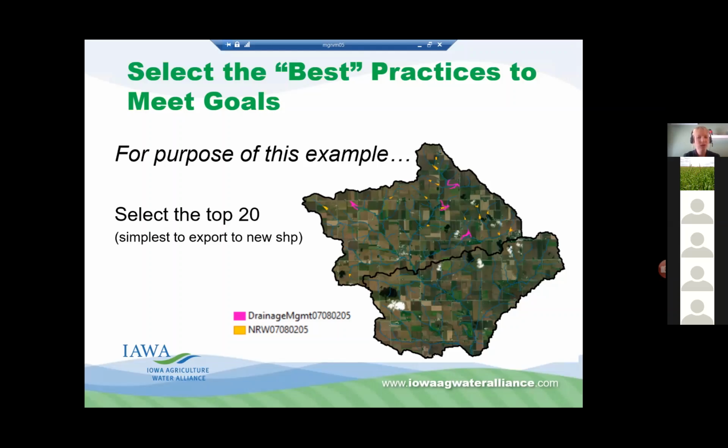These could be the top 20 practices that you look for field verification, or the top 20 practices where you get on the phone and call a landowner to see if they're interested in implementing a practice. But these were the best practices identified for reducing nitrogen downstream. It also provides information not only about the benefits of those practices, but about what types of practices they are as well. So here we have a few drainage water management practices identified as the best for reducing total nitrogen downstream, as well as some nutrient removal wetlands.